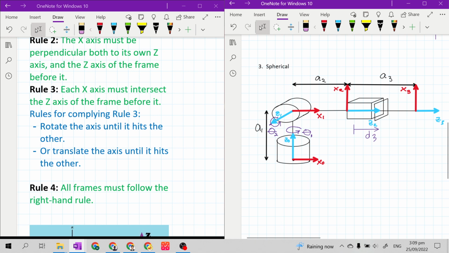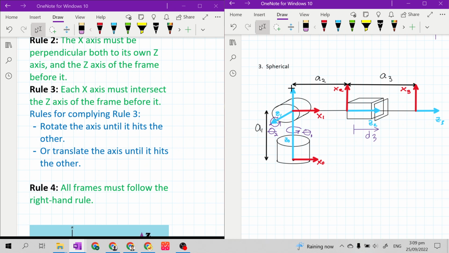Next, the frame 1. There is a z axis before the frame 1, which is frame 0. To see if z sub 0 is intersecting with x sub 1 axis, let's extend this.